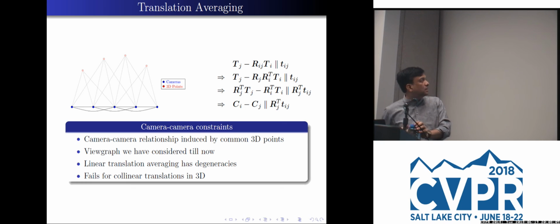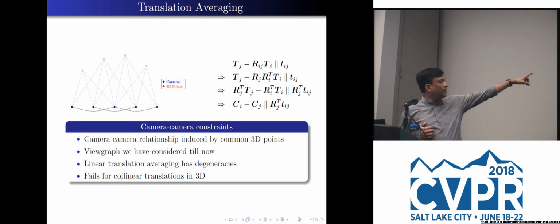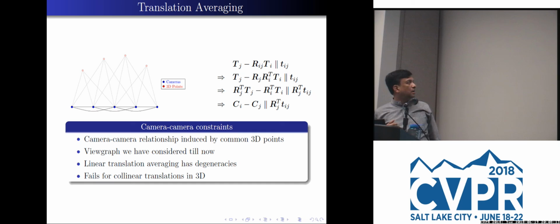I hope you can see that what you have in the bottom are essentially the blue dots, the cameras, right? So you have edges between cameras, and this is what we have been looking at till now, right? We've been looking at a view graph, where you have a graph of cameras and edges relating them. But now what you could also do is add a few of the structure points.